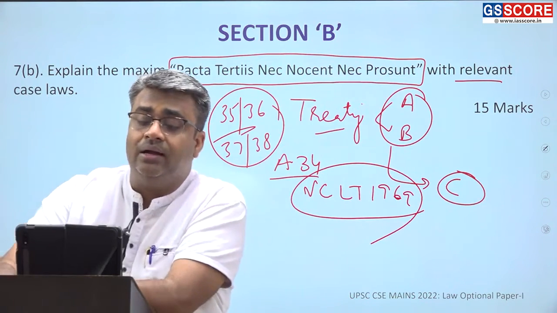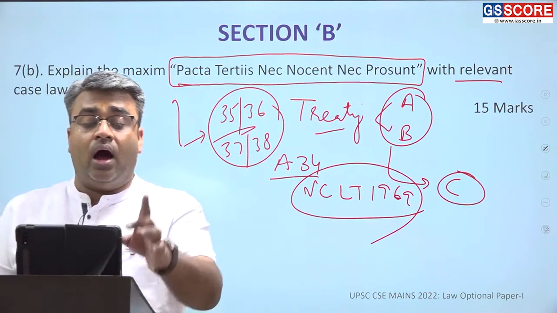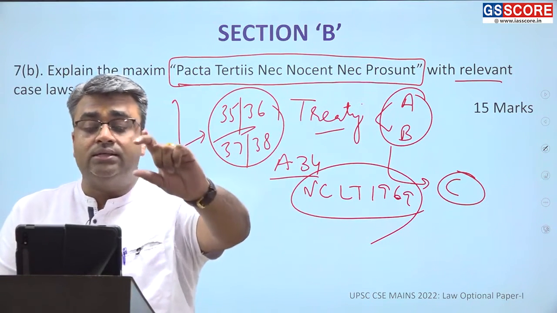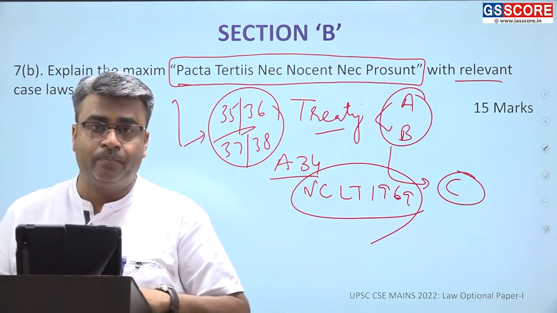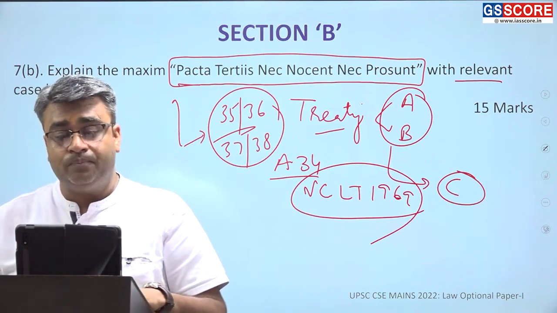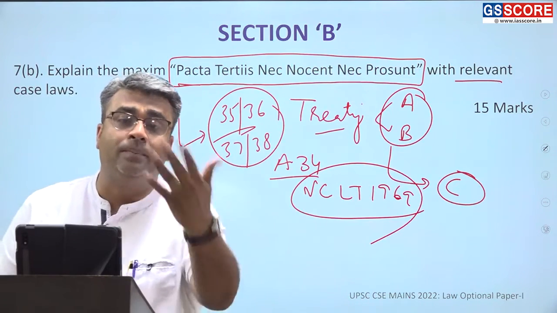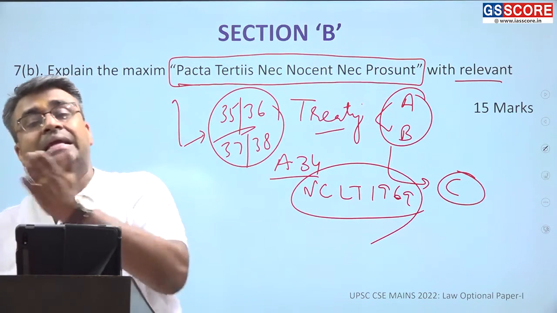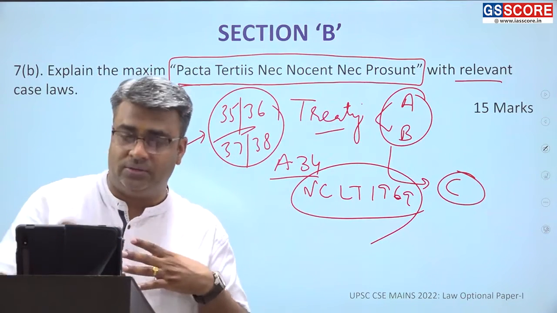So basically, under Article 35, the third state is accepting the terms and conditions of this agreement in writing, explicitly, expressly. While under Article 36, we have to decipher this from the intention of the third party. So it might be indirect, it might be implied in the conduct of the parties.